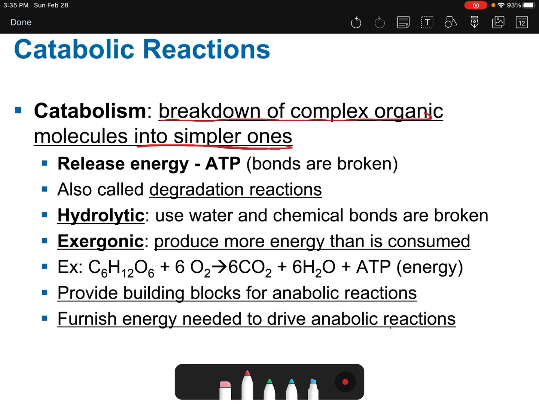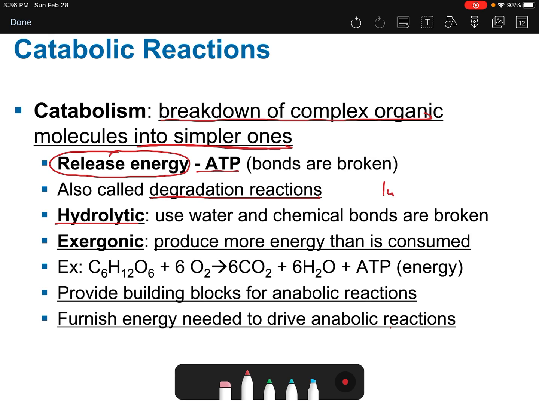So it's a breakdown reaction, and this will release energy in the form of ATP through the breaking of those bonds. These are also called degradation reactions because you're degrading or breaking down a molecule. They are also called hydrolysis or hydrolytic reactions.